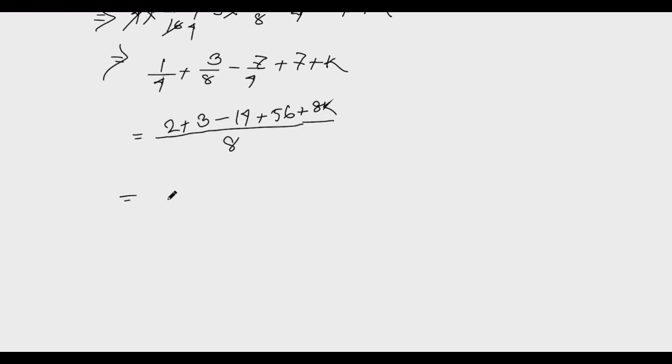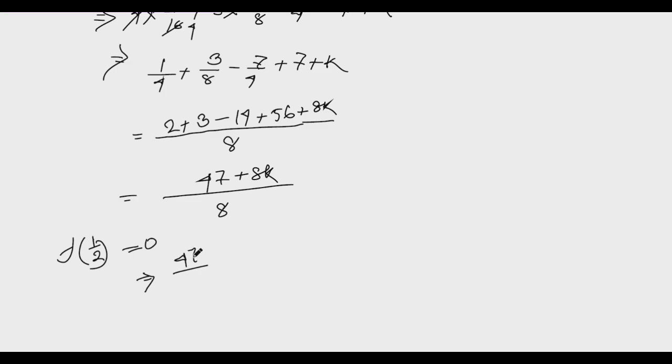So if we do a further calculation, we will get in numerator 47 plus 8k. According to the remainder theorem, f of 1 over 2 will be 0. So we can write 47 plus 8k over 8 is equal to 0. So we can solve this equation for the value of k.